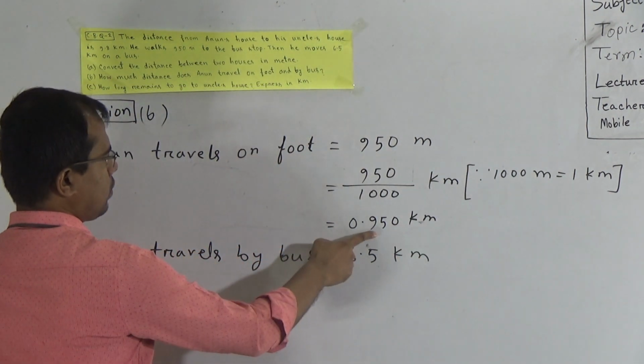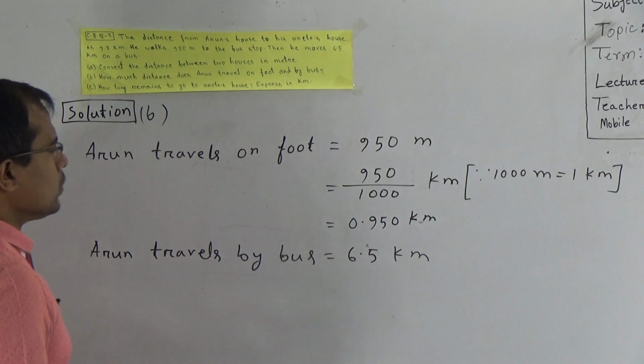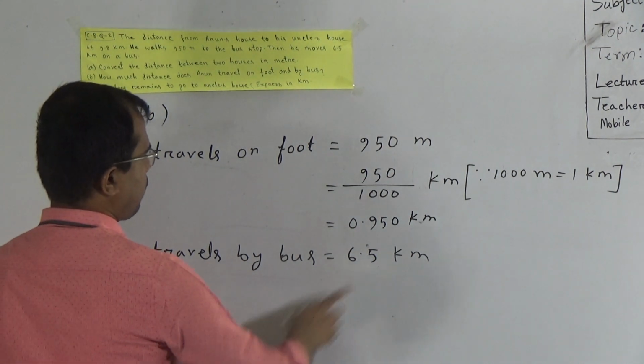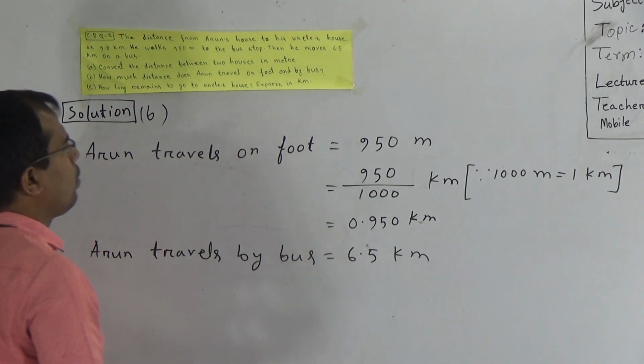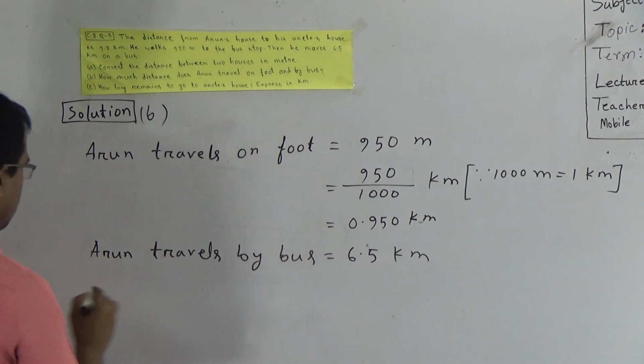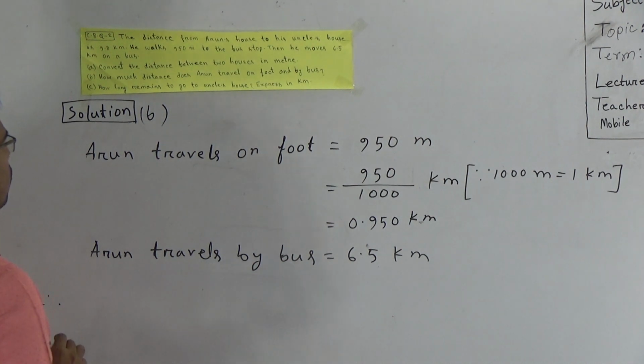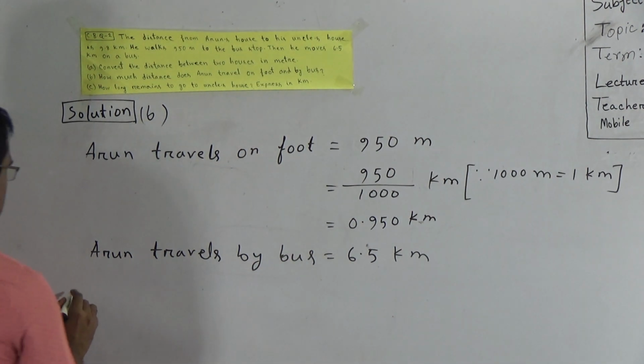Now if we add 0.950 and 6.5 kilometer, then we can easily get how much distance Arun travels on foot and by bus.